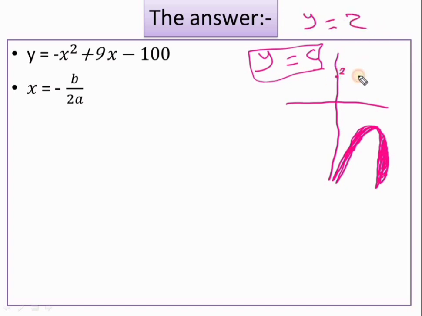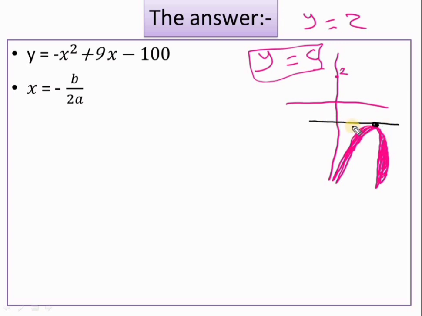I'm gonna draw a line parallel to the x-axis, and since this line intersects the graph in just one point, this point must be the vertex. So here I can draw the line.